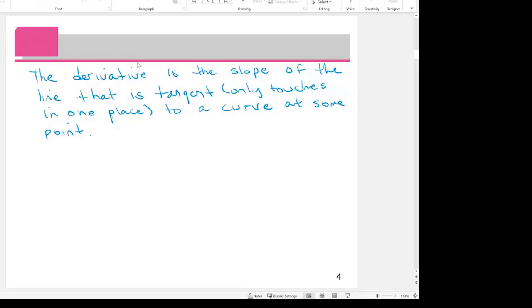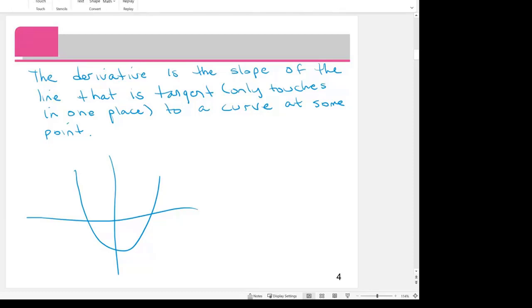And we can see, I'll just do this quickly. Let's say I have a parabola. I can see that if I pick this point, then the derivative or the tangent line would look something like this. So it's definitely got a negative slope. But I could also pick a point here and find the tangent line.